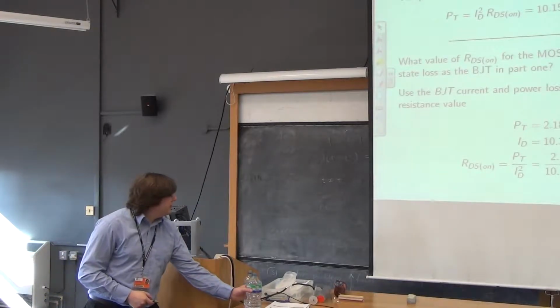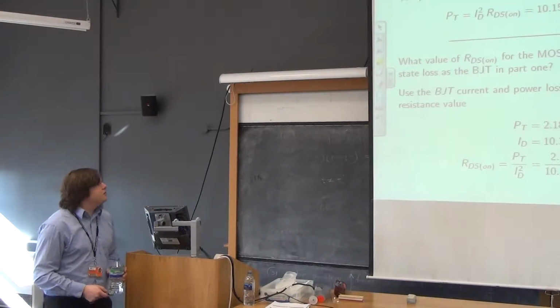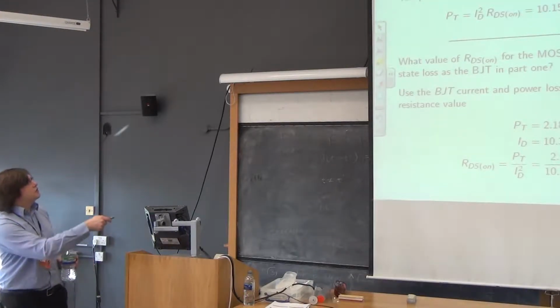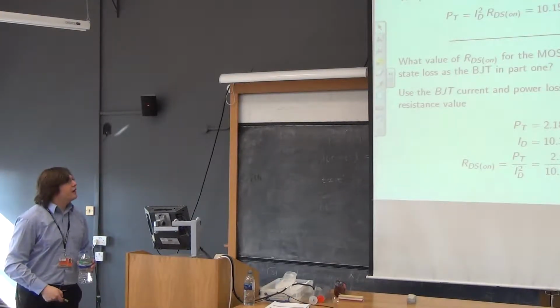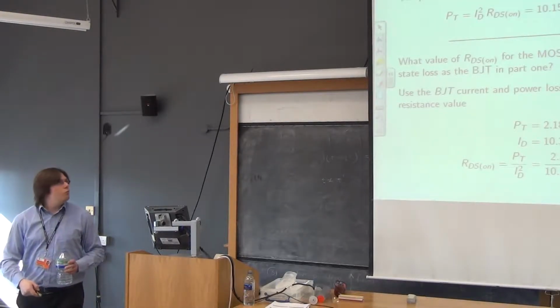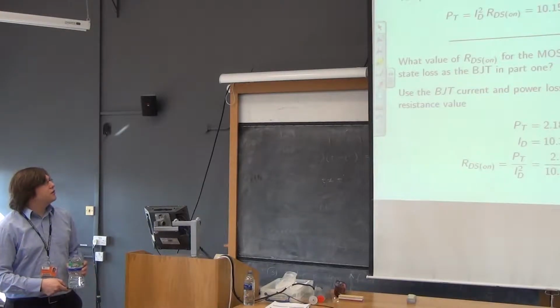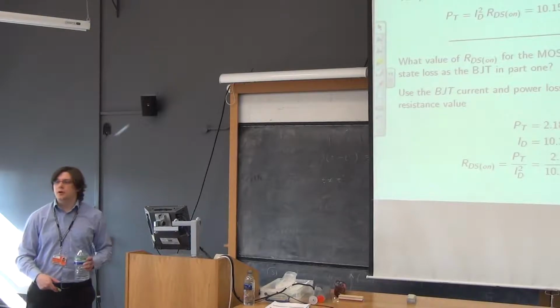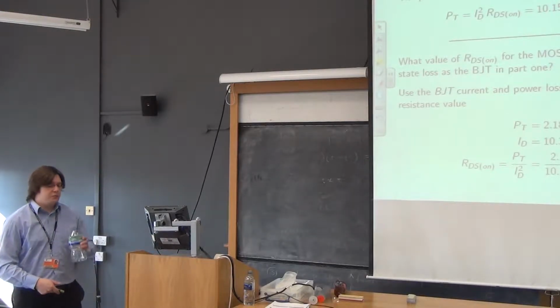Part C might say, what value of RDS on for the MOSFET would yield the same on-state power loss, insert the word power just there if you want to, as the bipolar junction transistor in part 1. So what I'm now saying is, what RDS on for the FET makes it just as bad as the bipolar, or just as good as the bipolar transistor, in terms of power dissipation.